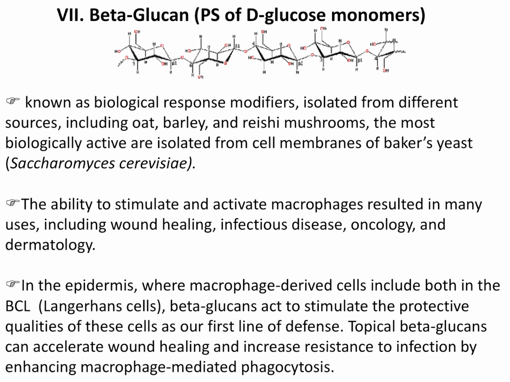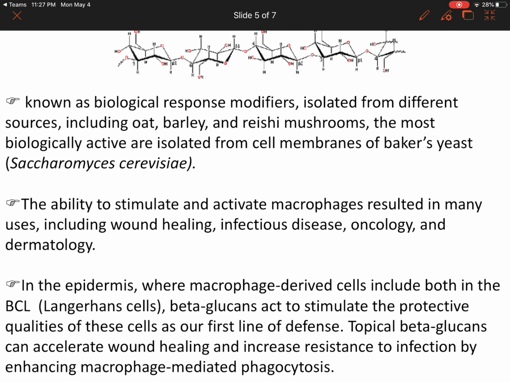Now, beta glucan. What is beta glucan? Beta glucan is polysaccharides of the glucose monomers linked by glycosidic bonds. As you can see in the structure, this is a glucose monomer.